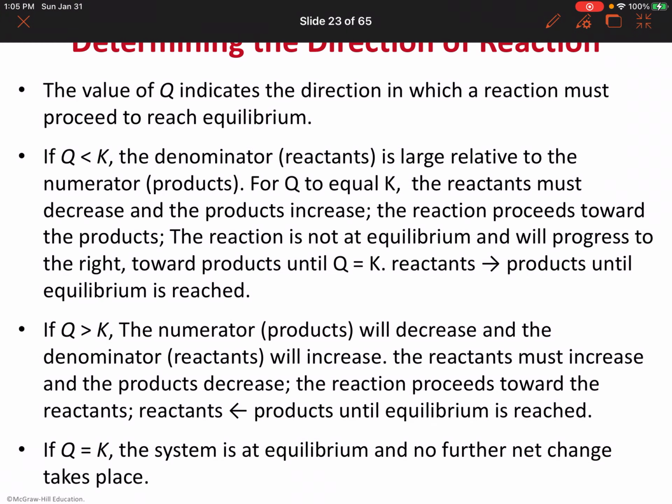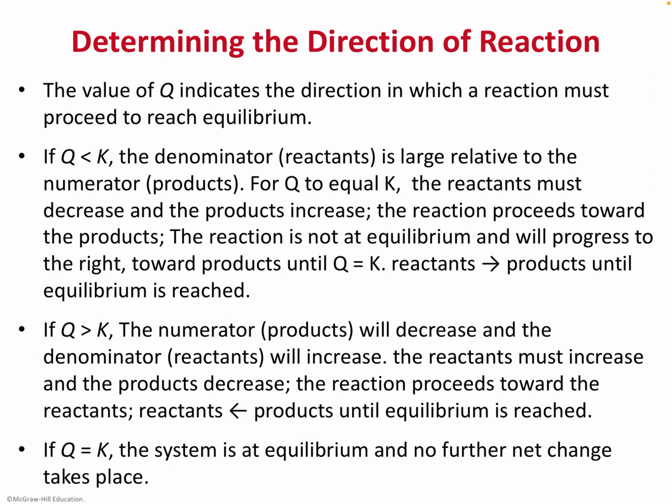Hi everyone. So in the last part we talked about the forms of Q and K, right? Q is the reaction quotient and K is the equilibrium constant. Now depending on Q and K, we can see which direction a reaction should proceed in order to reach equilibrium.